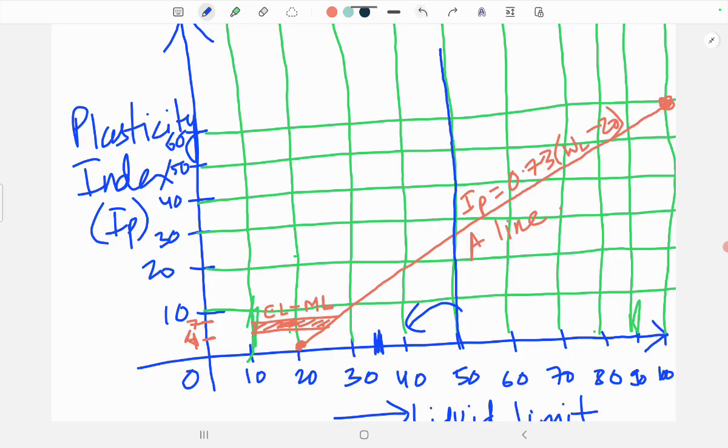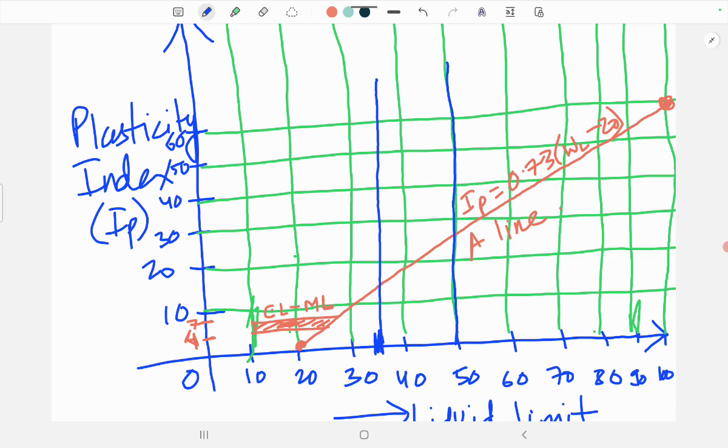But in the case of the Indian soil classification system, they have divided this plasticity also into three types. So one line goes from 35, and the other line goes from 50. This is the liquid limit by which you classify the soil.